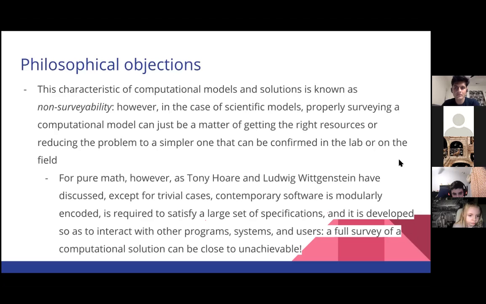For pure math, though, as Tymoczko and Ludwig Wittgenstein have discussed, except for trivial cases, contemporary software is modularly encoded, is required to satisfy a large set of specifications, and is developed so as to interact with other programs, systems, and users. A full survey of a computational solution can really be close to unachievable.